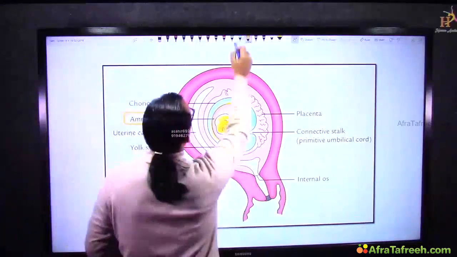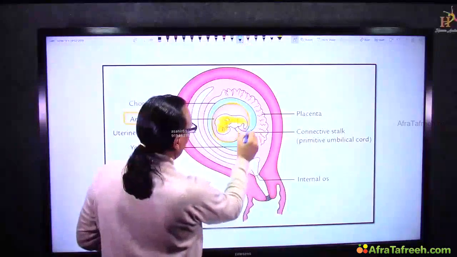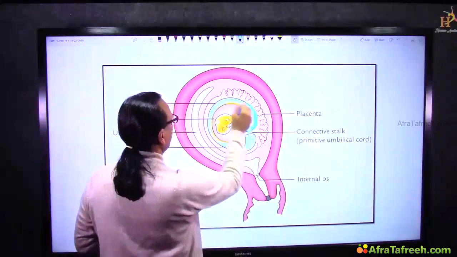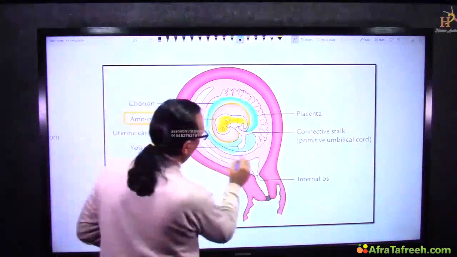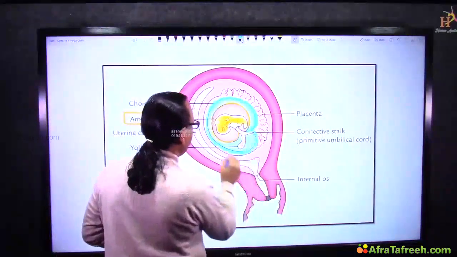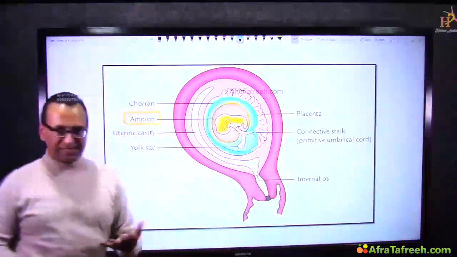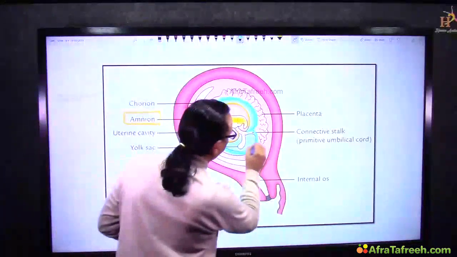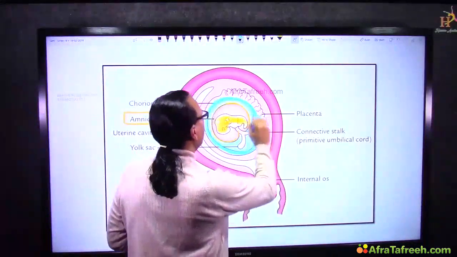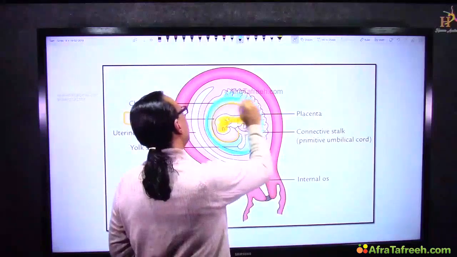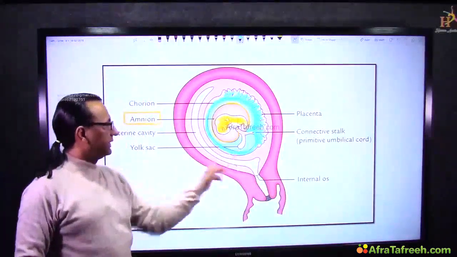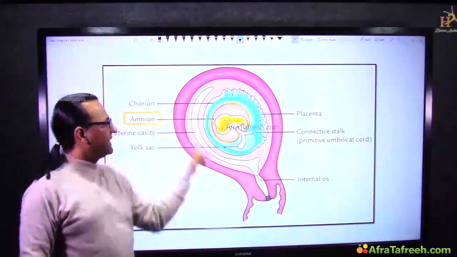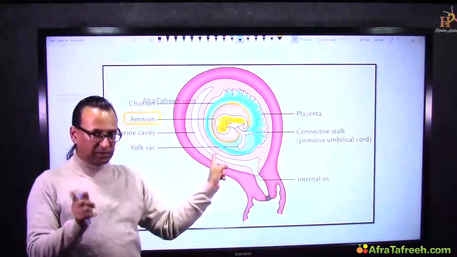This chorion, which is around the baby, is contributing to placenta, and that placenta has finger-like projections, and that is chorion frondosum. If this is the chorion frondosum, then what about the chorion towards the uterine cavity? That is chorion laeve, and it is not for placenta.